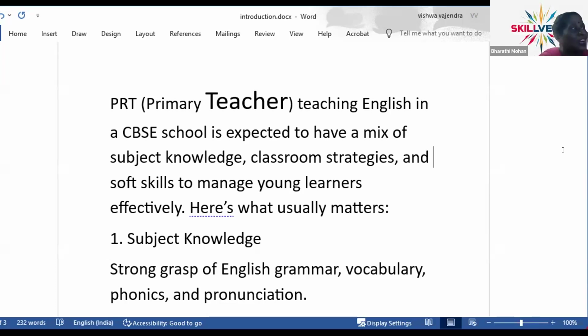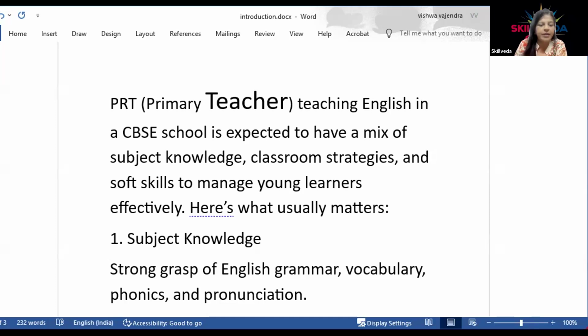Before going to subject knowledge, I would just like you all to tell me, are you all from PRT, or lower primary, or upper primary, or from pre-primary? Can you just quickly type in the chat box which sector you belong to in your school? PRT.